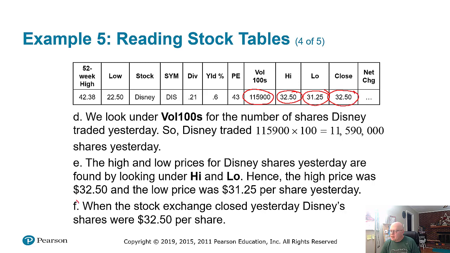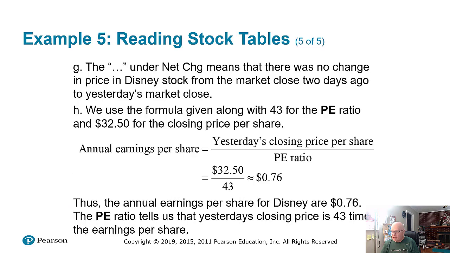And then this last one, when the stock exchange closed yesterday, how was it compared to the previous day? Now, remember, we're not talking about today. We're talking about yesterday and the day before. Did it go up or did it go down? In this case, since there are just 3 dots, it didn't go up or down from the day before yesterday to yesterday.